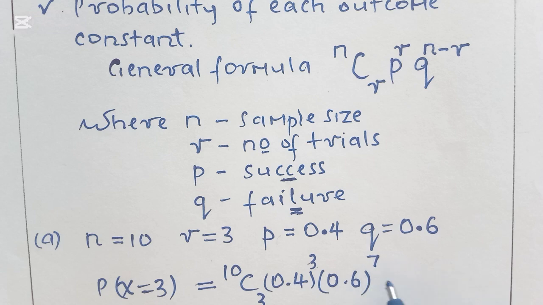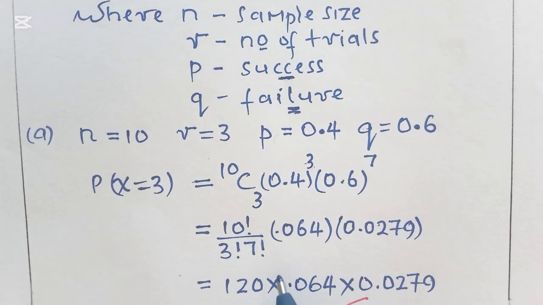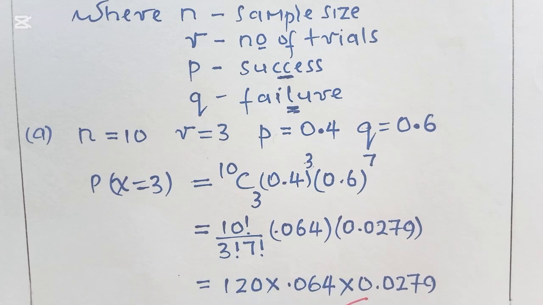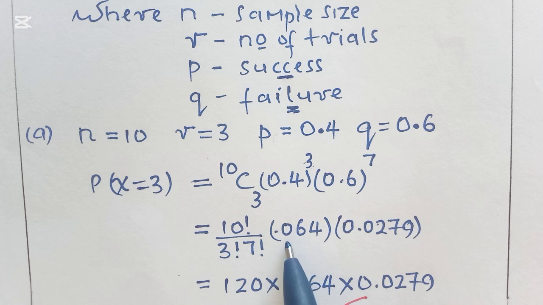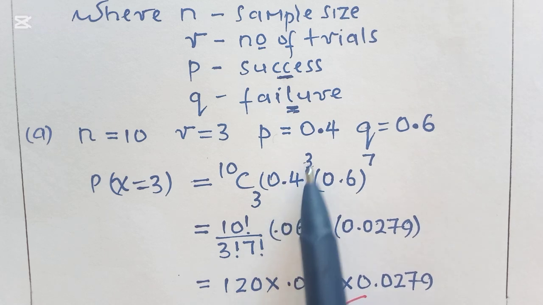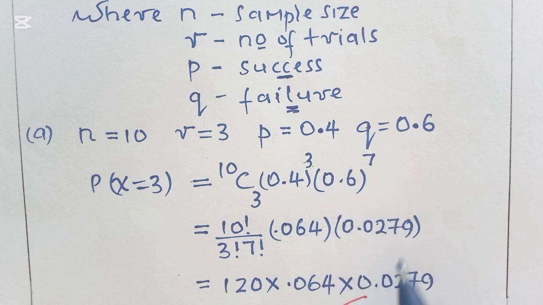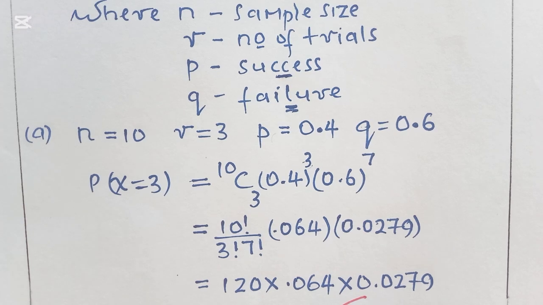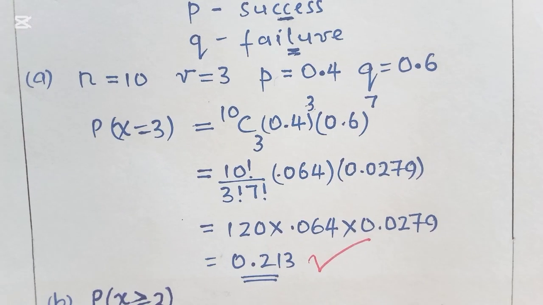When you do the maths, that is 120 multiplied by 0.064, which is 0.4 raised to 3, times 0.6 raised to 7. Finally, our probability of 3 resistors being defective is 0.213.